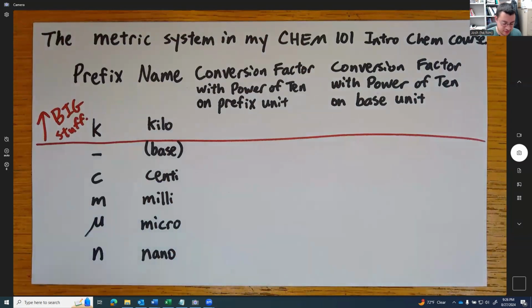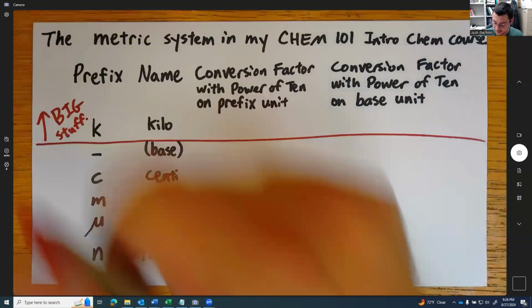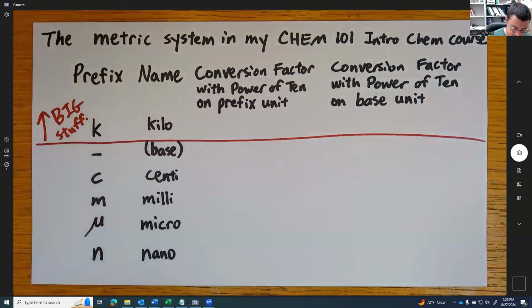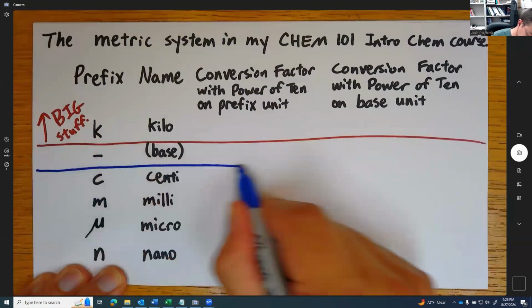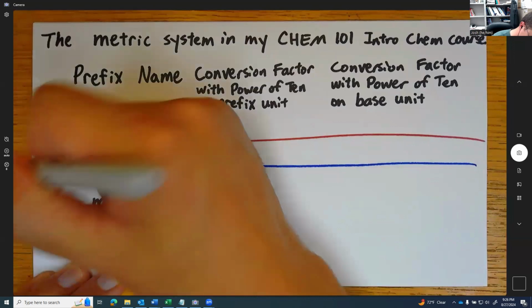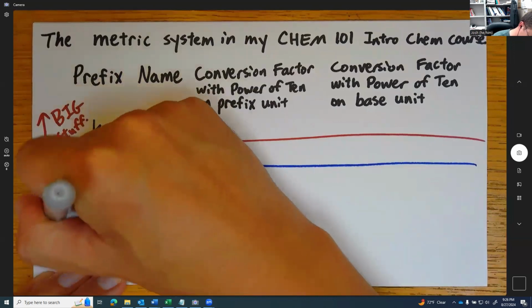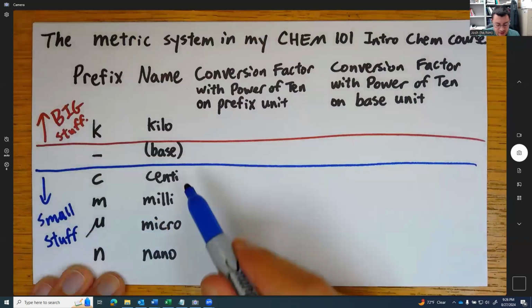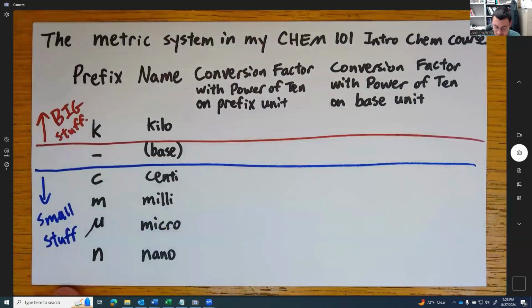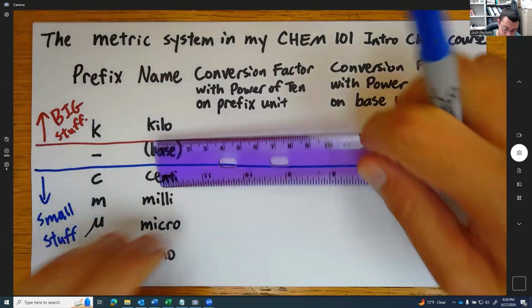Big stuff going up. And then going down, we're going to have small stuff. Centimeters, small. We're talking about like rulers now.